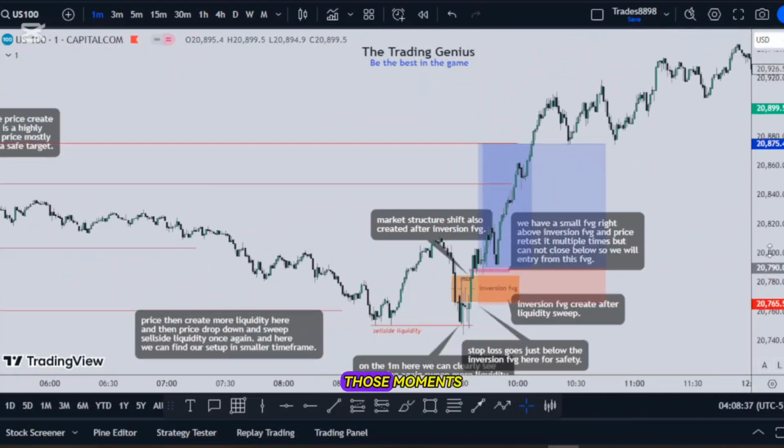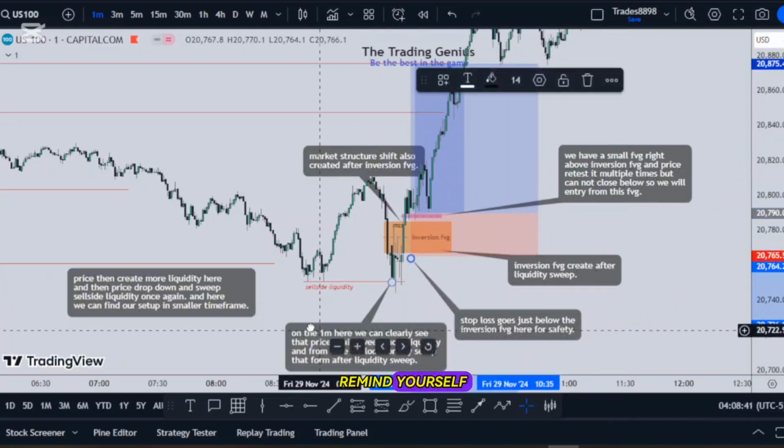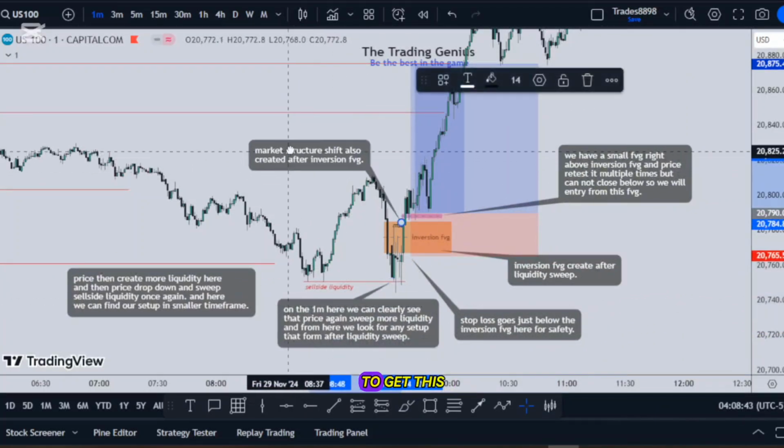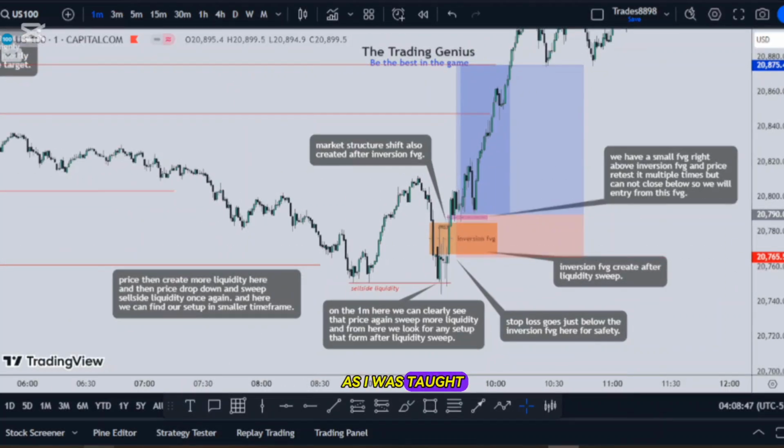You're going to need those moments to lean on when you go into periods of drawdown. You got to be able to remind yourself, man, it felt really good to get this right, to do everything in the analysis as I was taught, and it performed exactly as I was expecting. This feels good. You need to set up a tent and live there for a little while. Not just say, okay, next trade. That's where you get your ass handed to you.